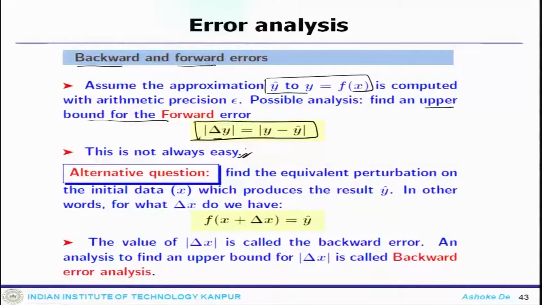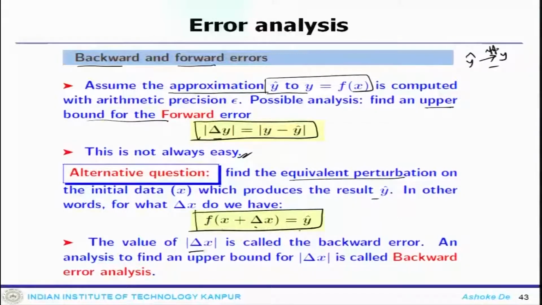Alternatively, one can find some equivalent perturbation on the original or initial data which produces the result y hat. In other words, I can write f of x plus delta x, which will lead to my y hat. This is the problem statement, the approximation of y hat to y. If the initial data is perturbed, it will lead to that.